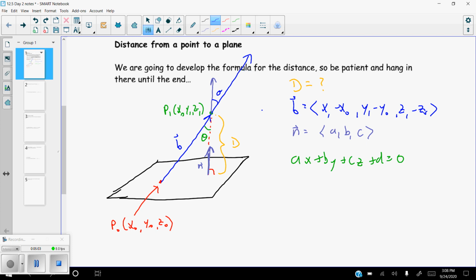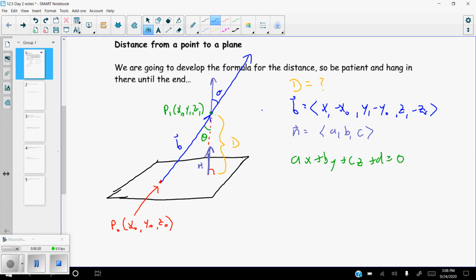So hopefully you can see that that really is the angle in between the two vectors. I just didn't extend the normal vector all the way up, but you could do that just to show you that the two angles are the same. They are vertical angles.